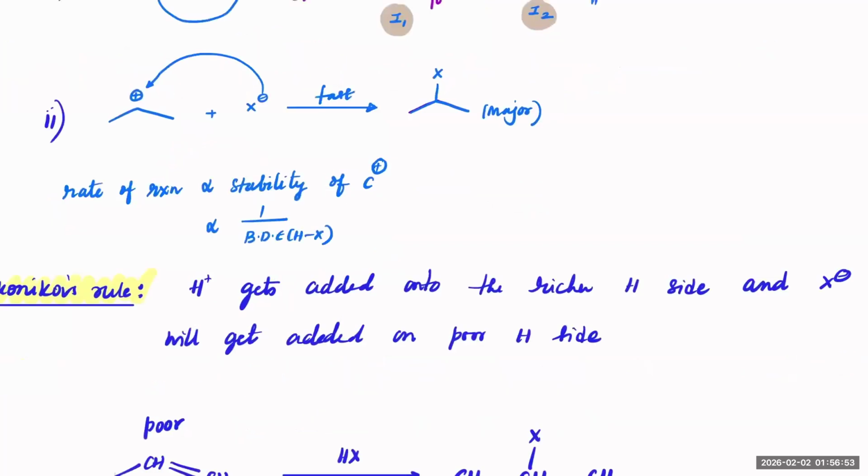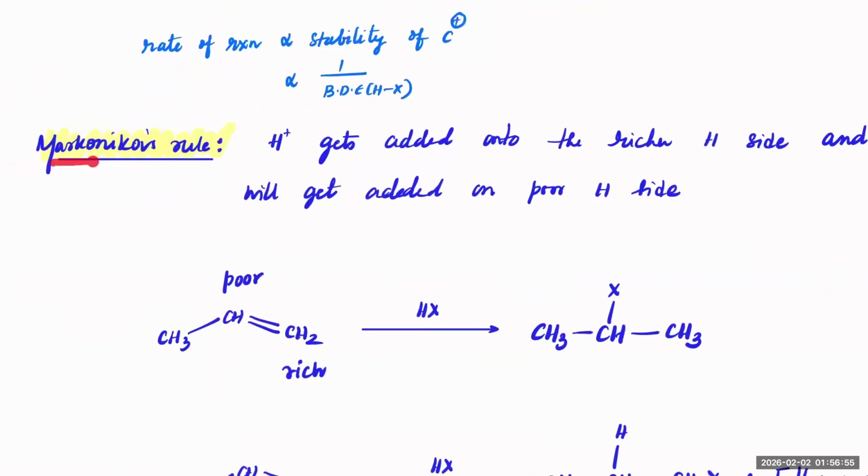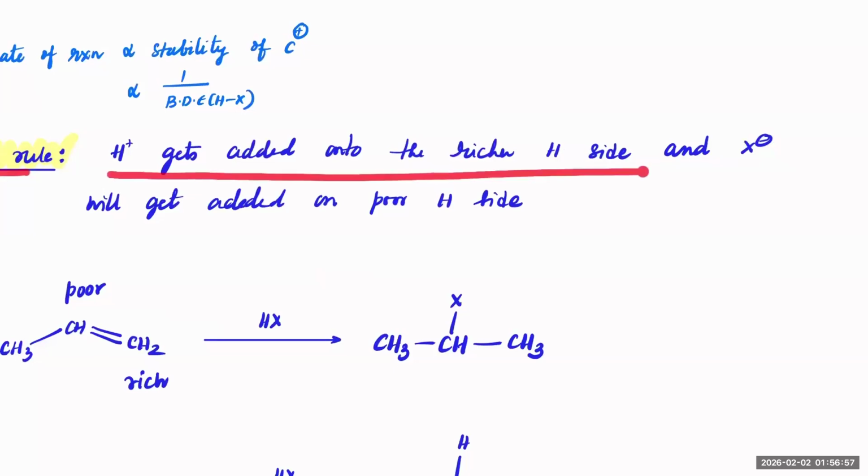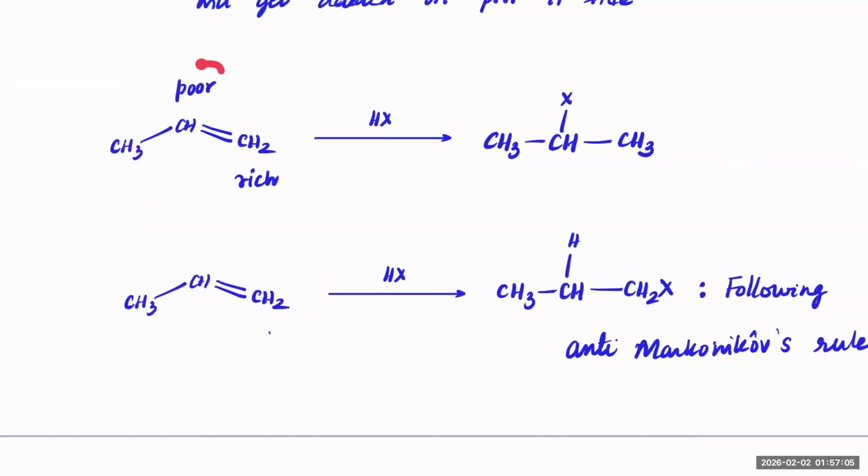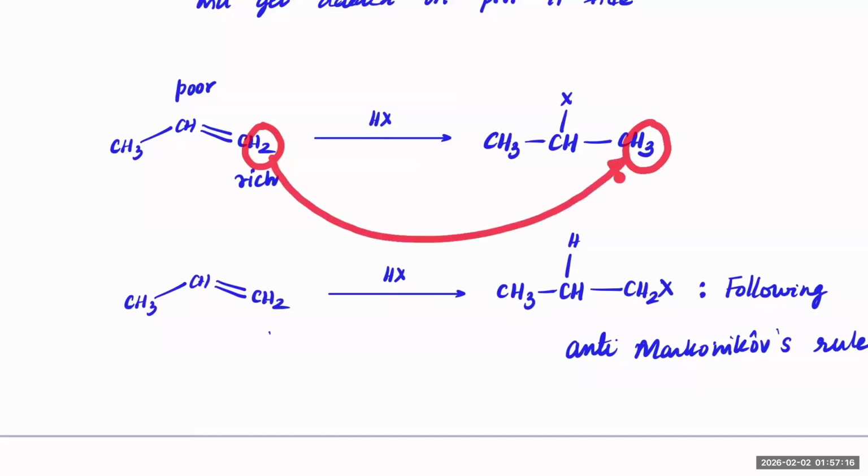As per Markovnikov's rule, H plus gets added onto the richer side and X minus will get added onto the poor side of hydrogen. This is the poor side. This is the rich side. Overall, this two hydrogen has now become three hydrogen, so this rich part has become richer, and this poor part is the one taking the X here.